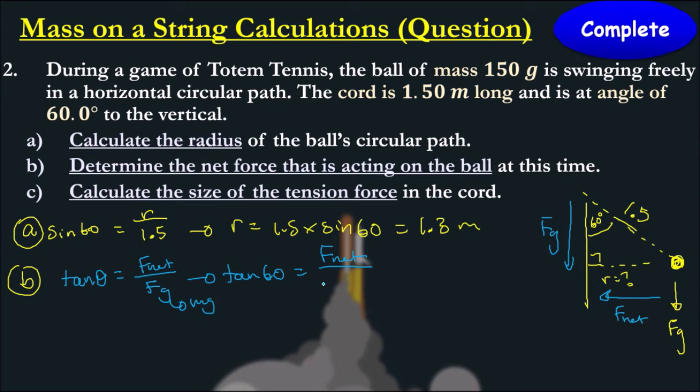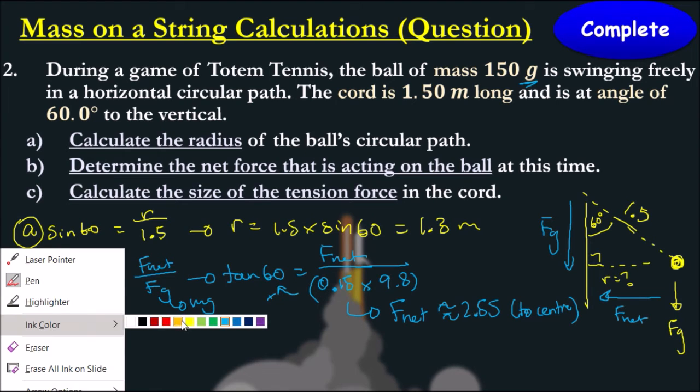Gravitational force is mg, so 0.15, remember, that's because this is in grams, times 9.8. So readjust that formula: tan 60 times this value that we have down here, we get a value of about 2.55 newtons to our center point here.